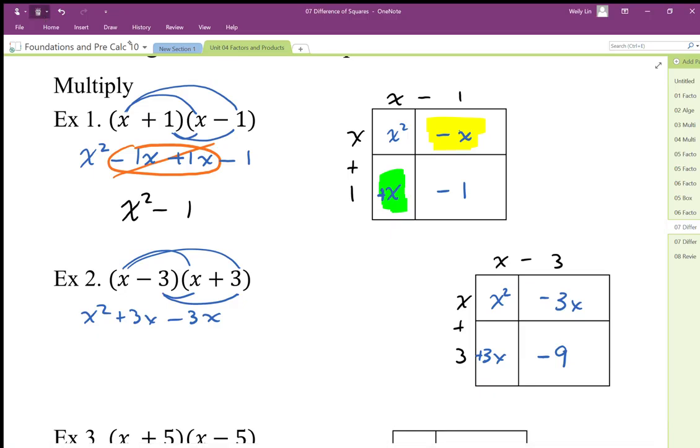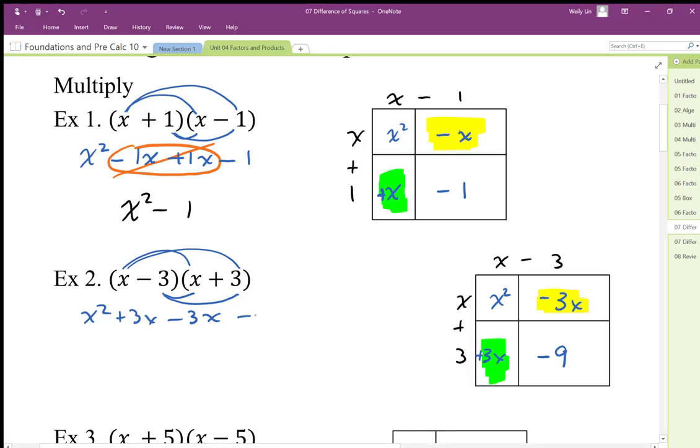Again, since we have this opposite symmetry of negative 3x and positive 3x, these cancel out, and we end up losing those pieces.